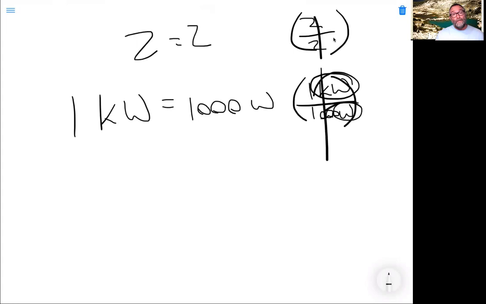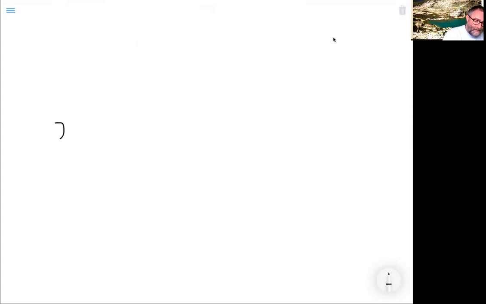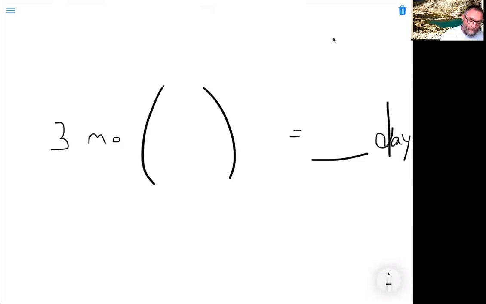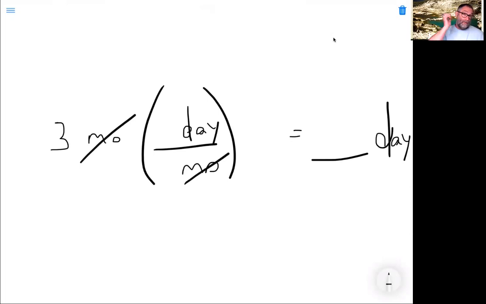That's called unit conversion. So if I've got 3 months, but I need an answer that's in days, well, I just got to get rid of the month and keep the day, right? Month on top, month on bottom will cancel out.